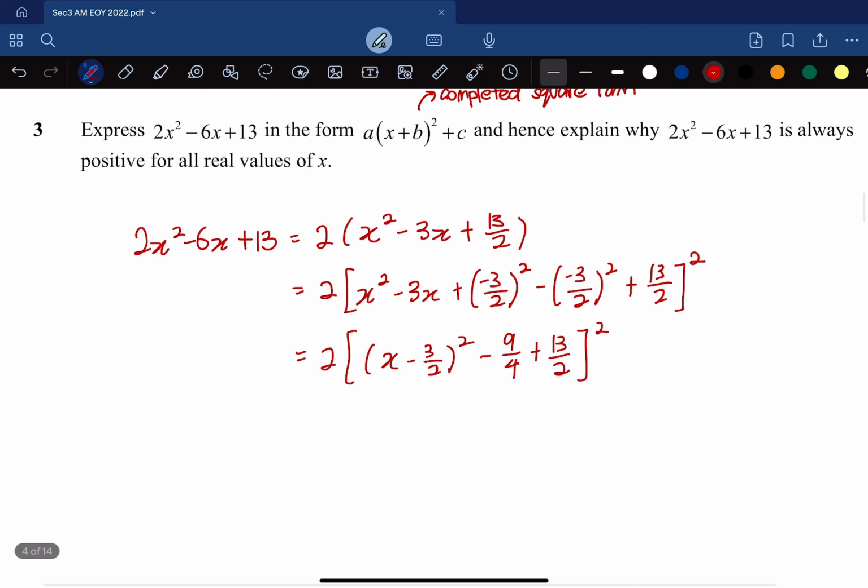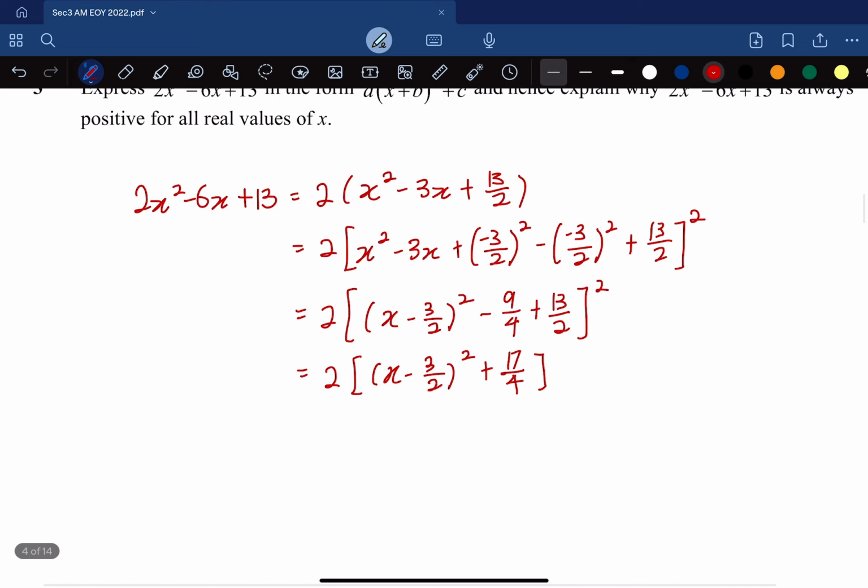Then from here, I can simplify even further. (x minus 3/2) squared, then negative 9/4 plus 13/2, I will get plus 17/4. Yes, 17/4.